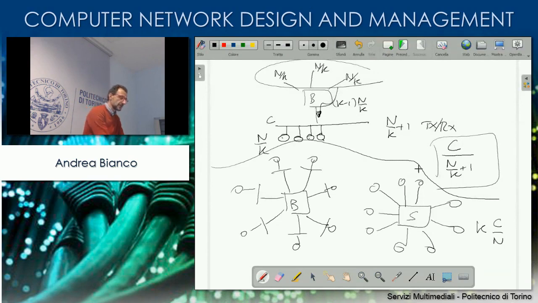Because in the worst case, if everybody is sending to this node, all of the nodes have a capacity C to reach the switch, but then all of the traffic goes on the output link at capacity C. So you have a potentially huge congestion, because you can have an overload of n-1 on that output link. At the end, if everybody is sending to only one node, since the link connected to this node has a capacity C, you will share the capacity C among the n nodes, and you don't gain anything, because the traffic is non-local. Okay?